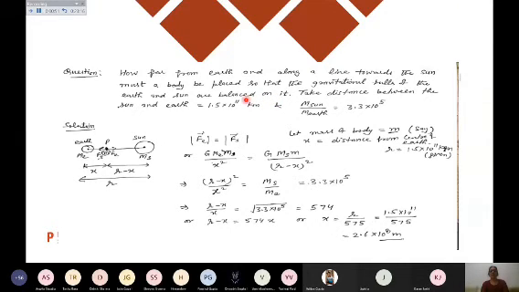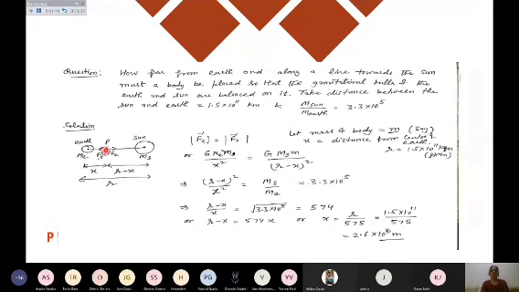Now the question is stating that I'm here on the line joining Earth and Sun, and I want to put a body here, I'm putting it at point P, so that the gravitational pulls of Earth and the Sun are balancing.